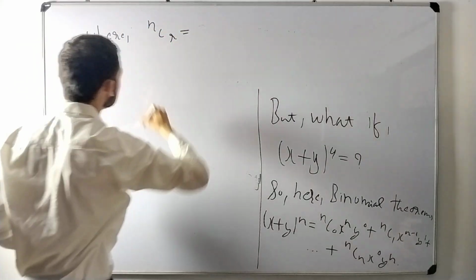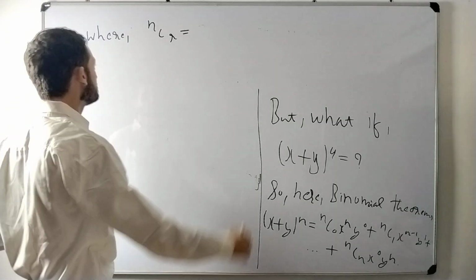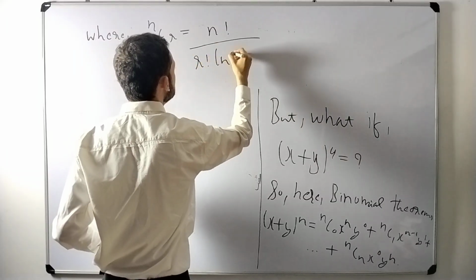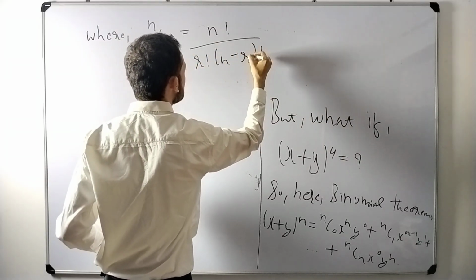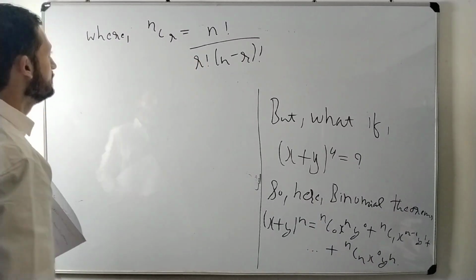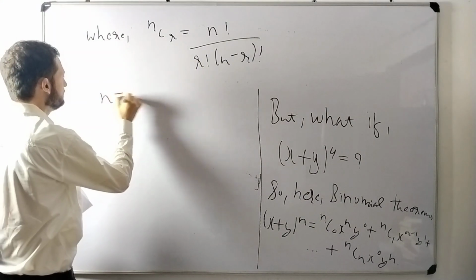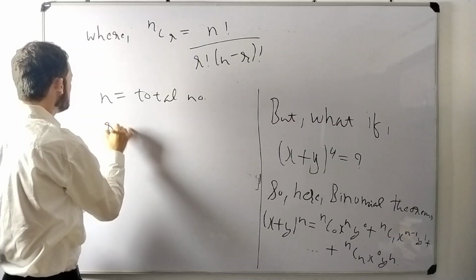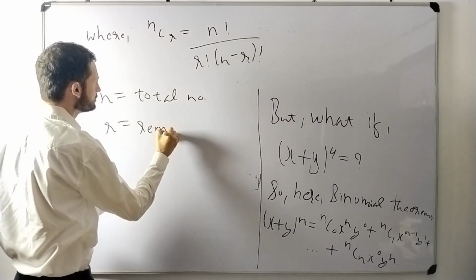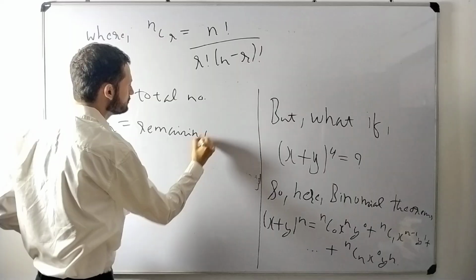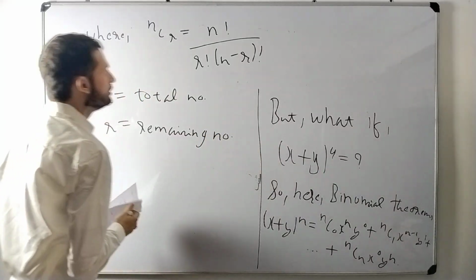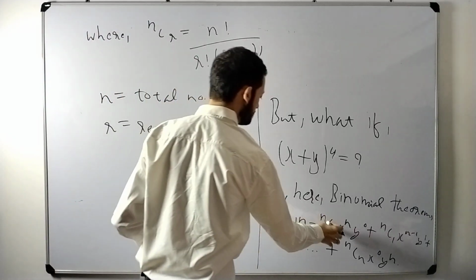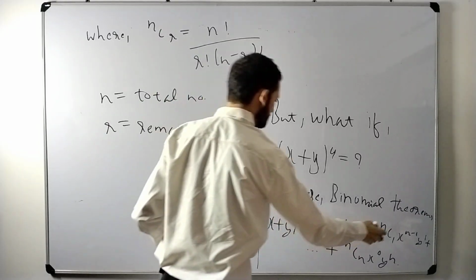What is n combination r? It is n factorial over r factorial times (n minus r) factorial. So n is the total number here, students, and r happens to be the remaining number.